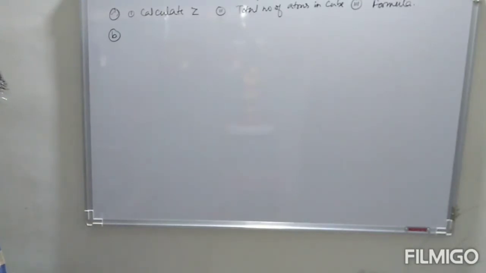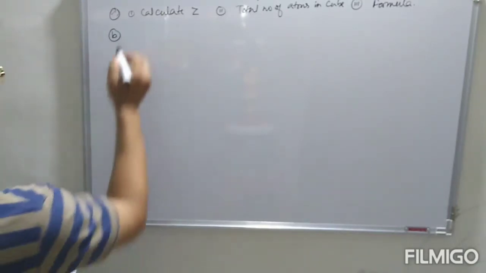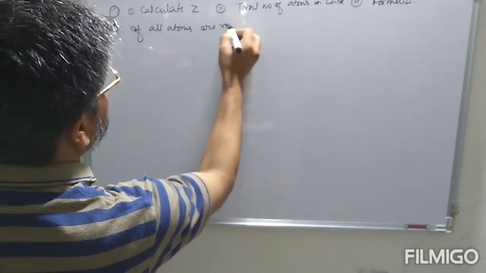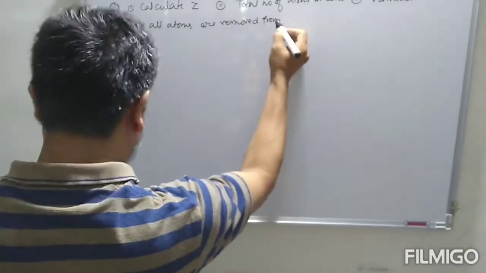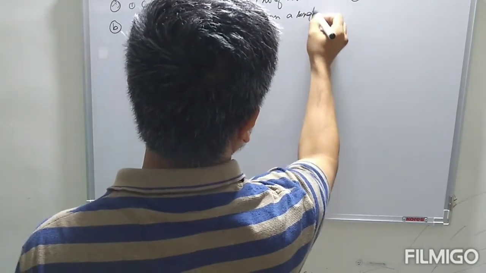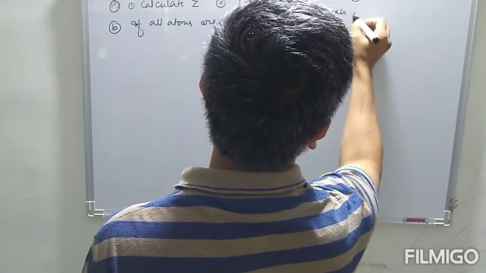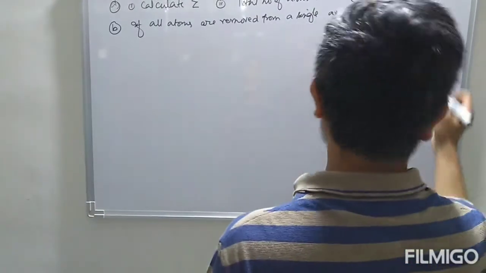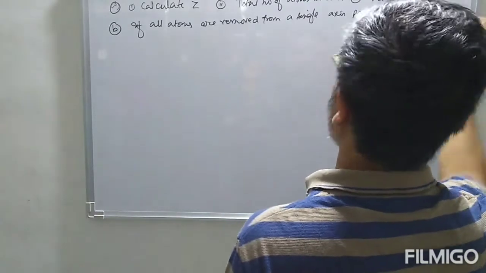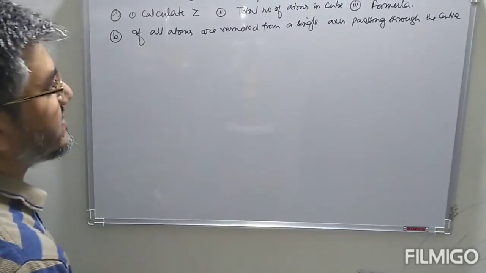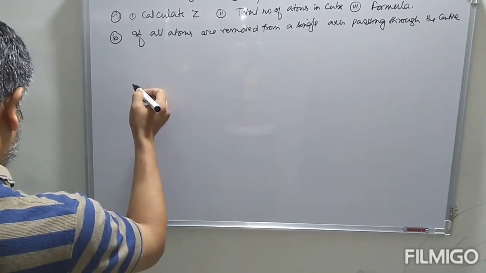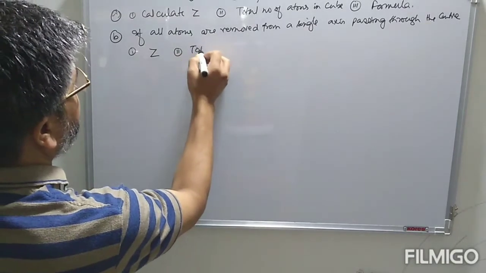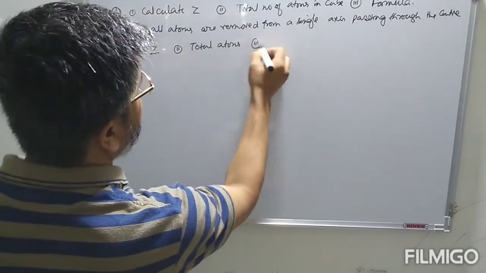Second part of the question says: if all atoms are removed from a single axis passing through the center, then find the value of Z, the total atoms in the cube, and the formula.